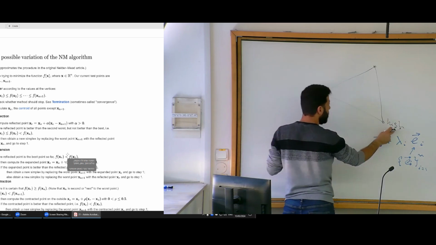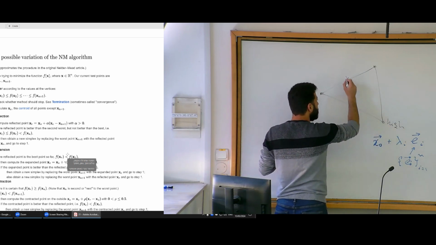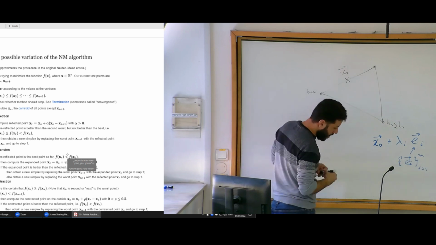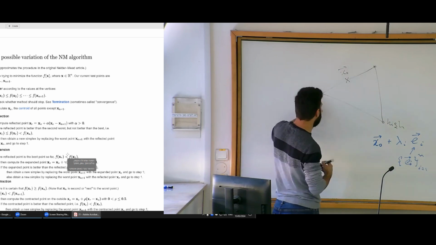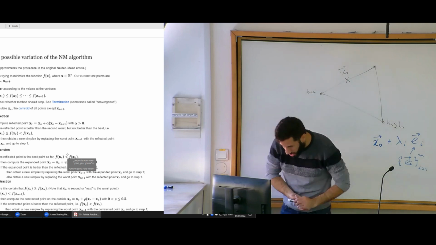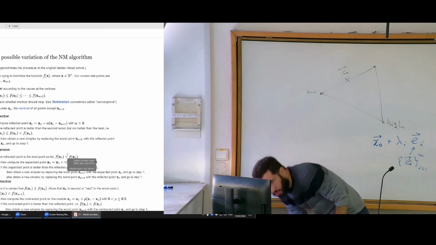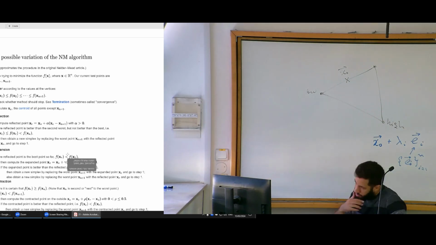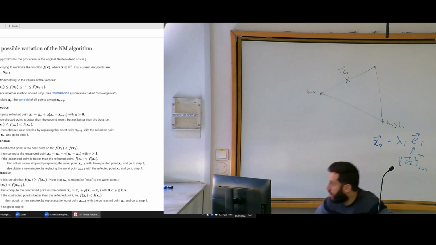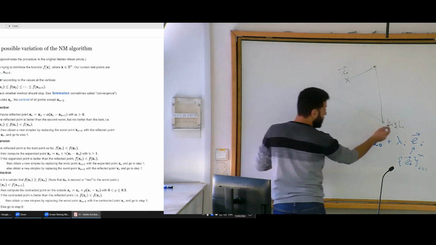And I don't take the high, and I call this x_o, which is the average of the points that are not the highest point. Okay, and I call this the centroid of these points, except it's n plus 1. Okay, and now I will use reflection. This reflection will be that the highest one.